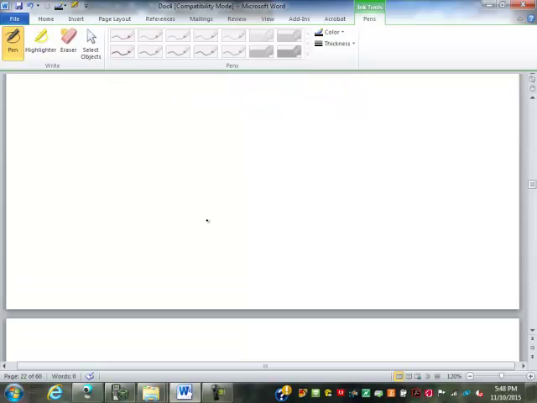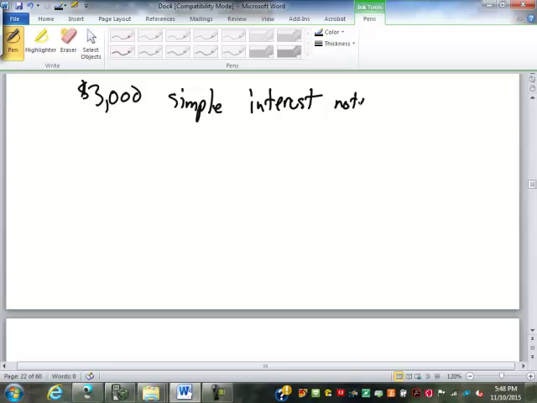Let's say we took out a $3,000 loan, we'll call it simple interest note, at 8% for 3 years.